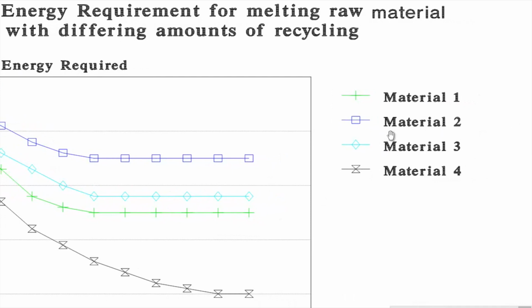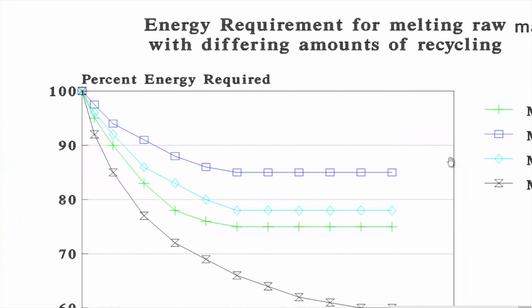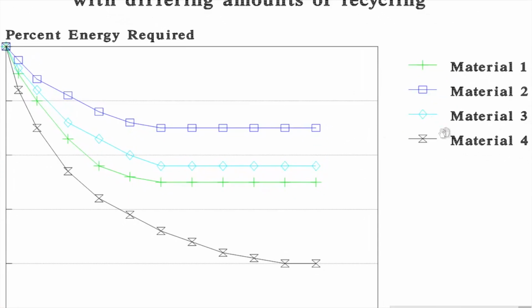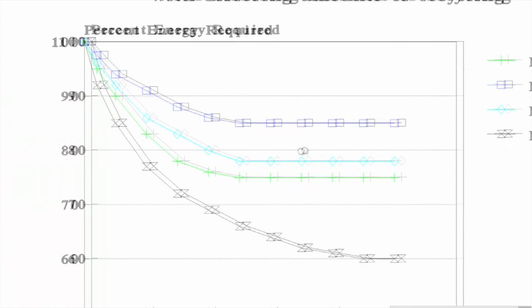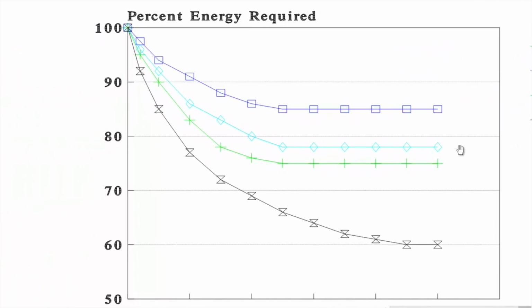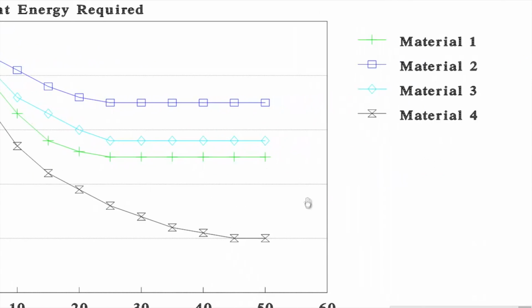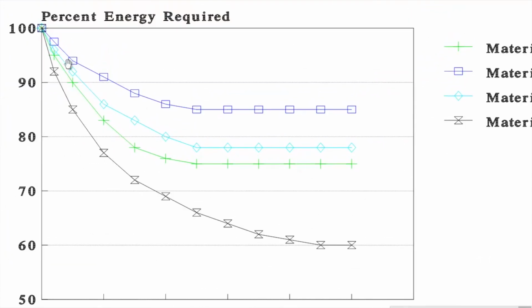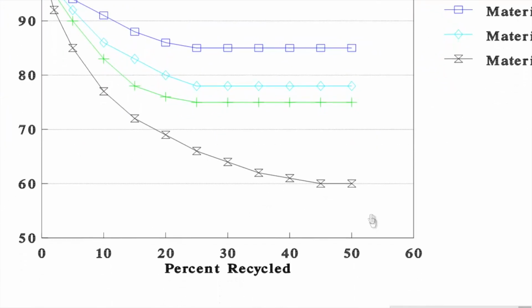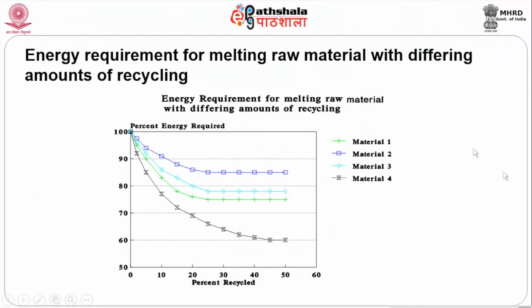Material 2 is indicated in blue color, it goes from 100 to about 85, and in cyan, material 3 starts from about 100 and goes to about 79. Material 4 goes from 100 percent down to the value of 50. These are the various energy requirements in terms of melting the raw material with different amounts of recycling.